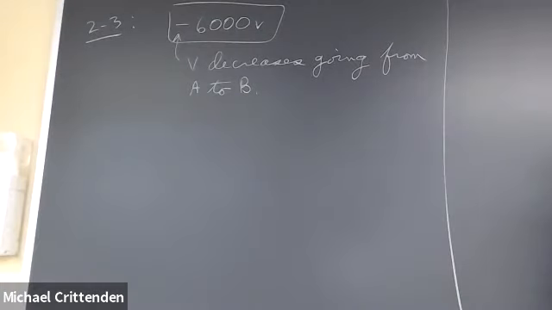Electric field lines point toward a lower potential. Just like a gravitational field points toward a lower elevation, an electric field points toward a lower potential, which in this case would be toward the right.